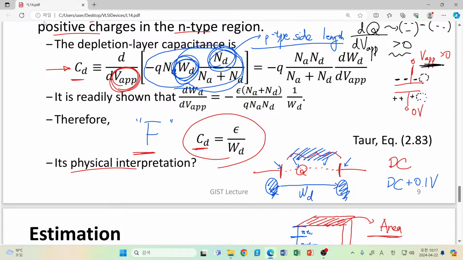So simply speaking, although it is a non-linear system, the capacitance evaluated from the difference between 2 points is simply seen as the capacitance of a dielectric material separated by WD. So that is the reason.